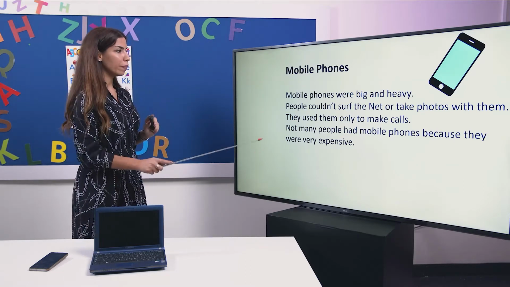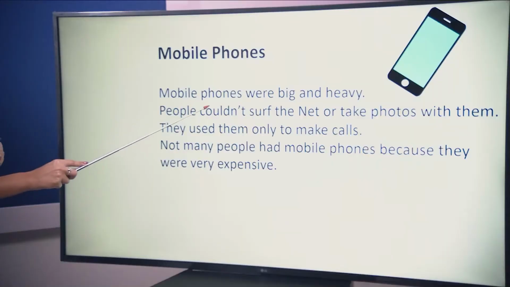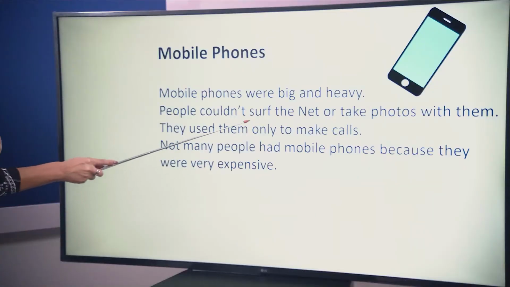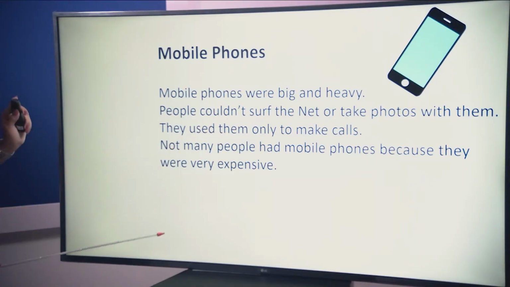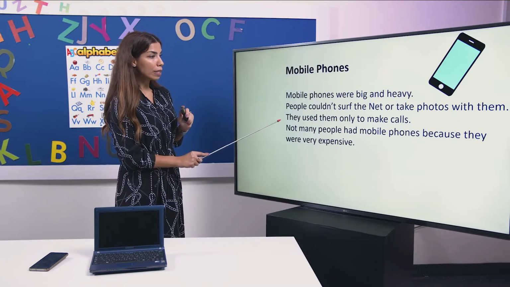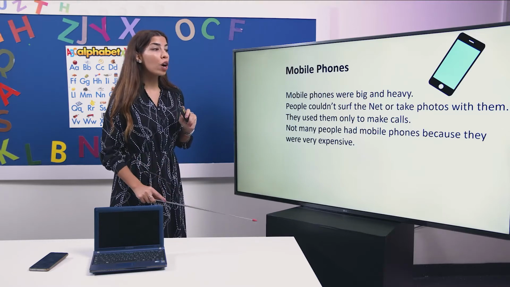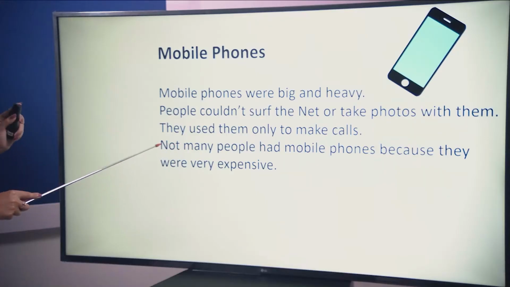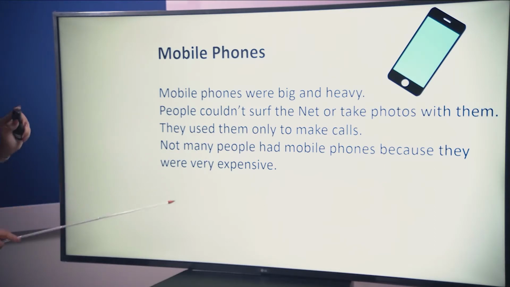Let's start. Mobile phones were big and heavy. People couldn't surf the net or take photos with them. They used them only to make calls. Not many people had mobile phones because they were very expensive.